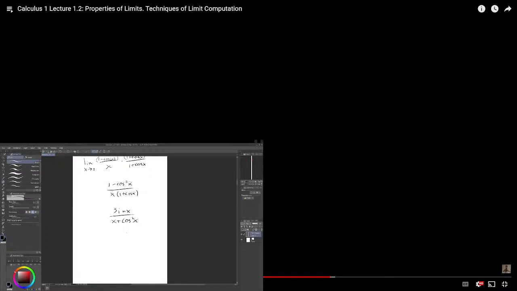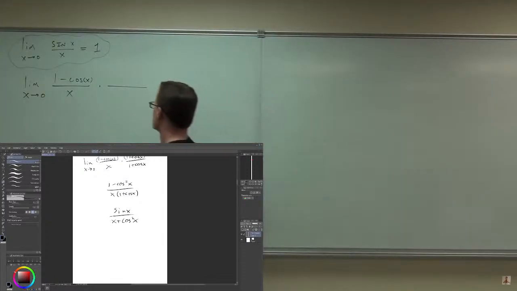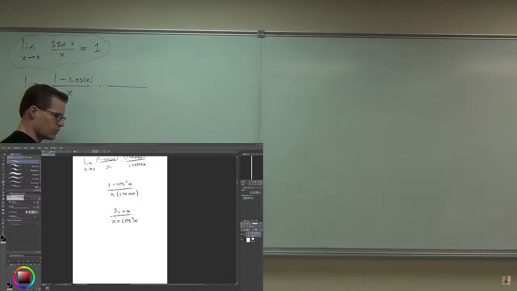So in our case, the conjugate would be 1 plus cosine x over 1 plus cosine x.